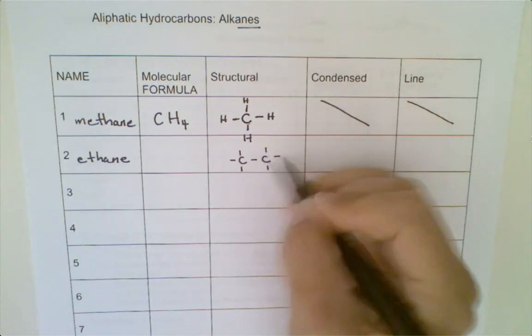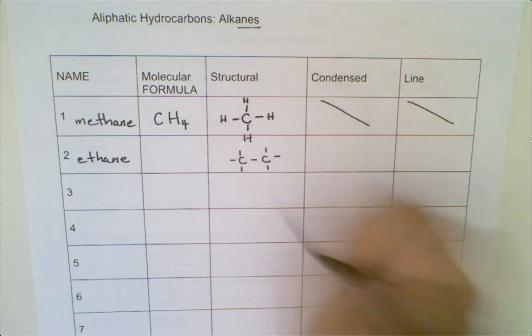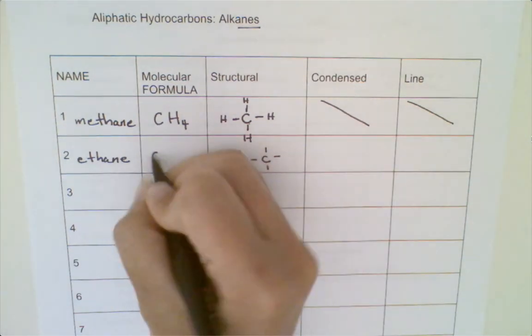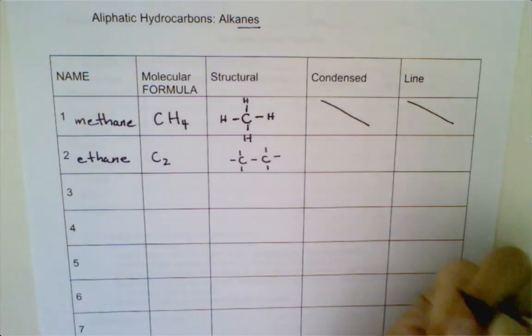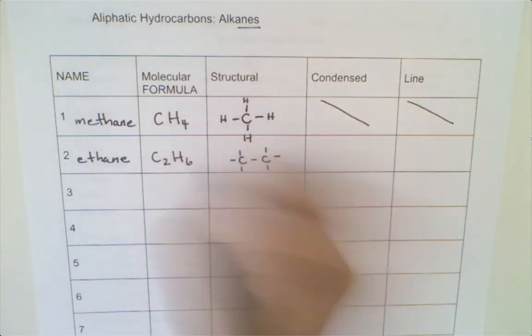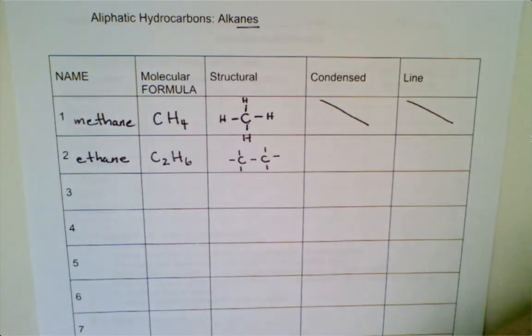So I'm just going to leave the dashes there, and we're going to assume that those hydrogens are there. So the formula here is that it took 2 carbons and a total of 6 hydrogens to make that hydrocarbon.